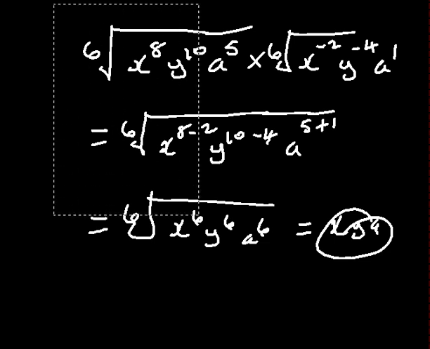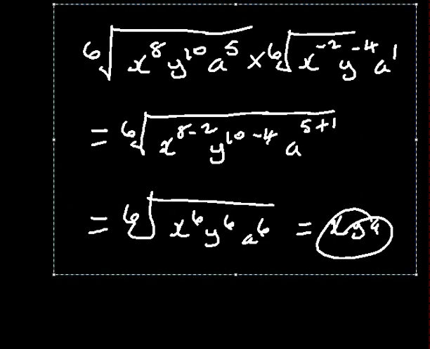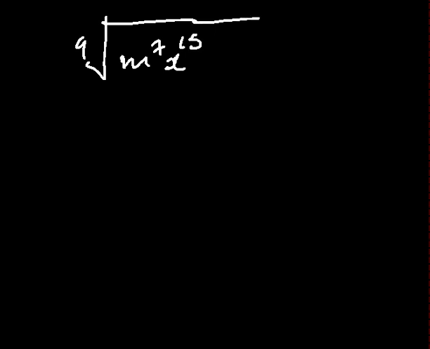And how about, let's say, if we have this kind of case, and let's see how we can handle it. Let's say we have the 9th root of m to the power 7, x to the power 15, and c to the power 12. How should you rationalize this one? In other words, how should you remove the 9th root if that is the case?